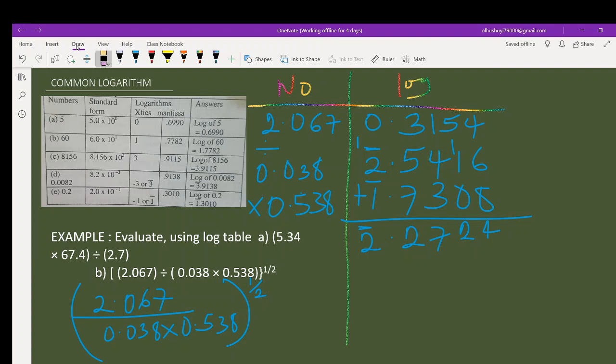Then we now go. There is division here, right?